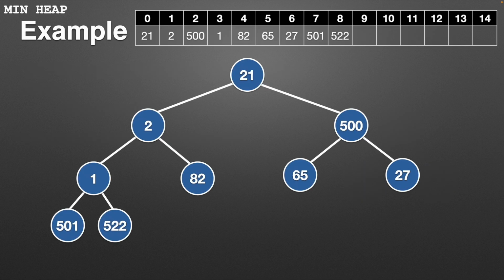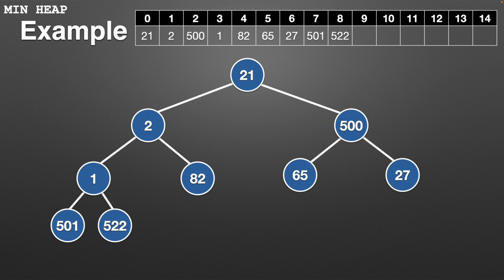Okay, so let's imagine that we've got this collection of numbers here, and we're going to try to make this into a min heap, so the smallest at the top. If we look at it initially, we can tell pretty quickly that this is not in an order that is a valid min heap, because 2 is down here and 21 is above it, and a couple of others.